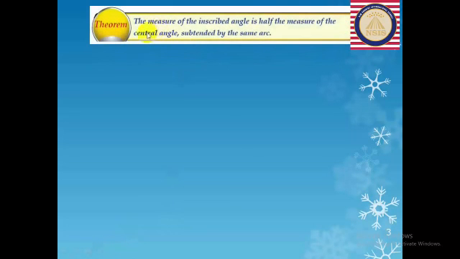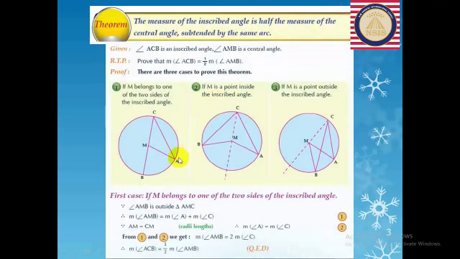So let's take the first theorem for this lesson. The measure of the inscribed angle is half the measure of the central angle subtended by the same arc. Look here, AMB is the central angle, and ACB, subtended by the same arc AB, is the inscribed angle, so it equals half the central angle.